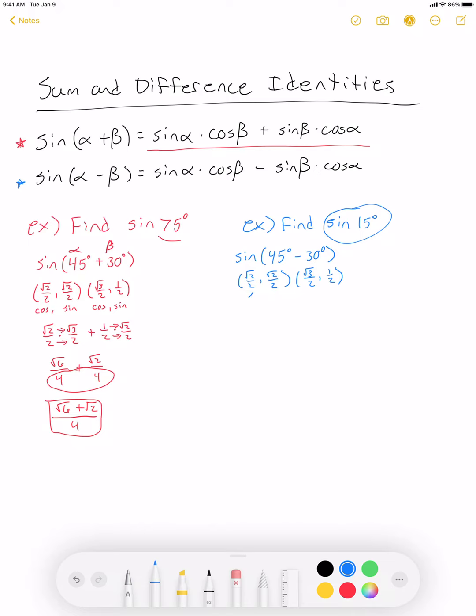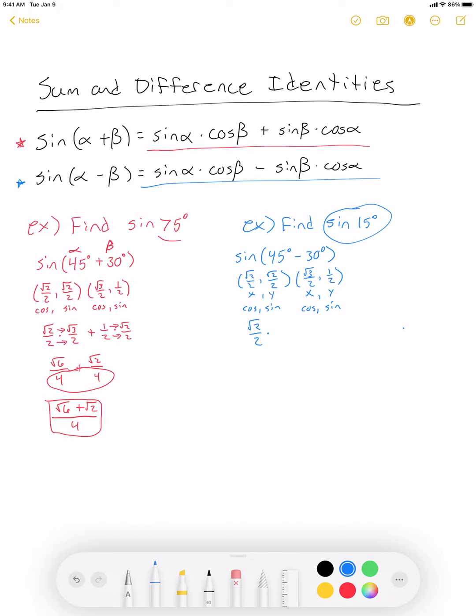And from here, remember, we have x comma y, or cosine comma sine. And so we're going to need to remember that for these. All right, so now, how do we follow this formula in the blue? So the sine, or the y value, of my first angle, which is 45 degrees. So the y value at 45 is radical 2 over 2, times the cosine, the x value, of my second angle measure, 30 degrees.